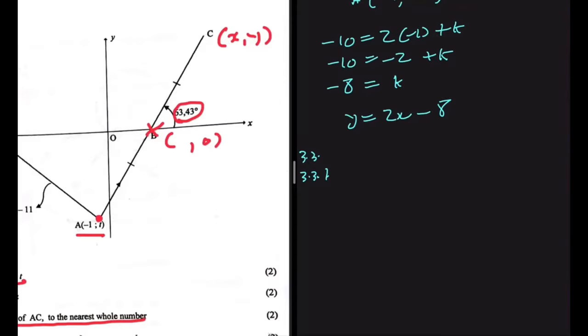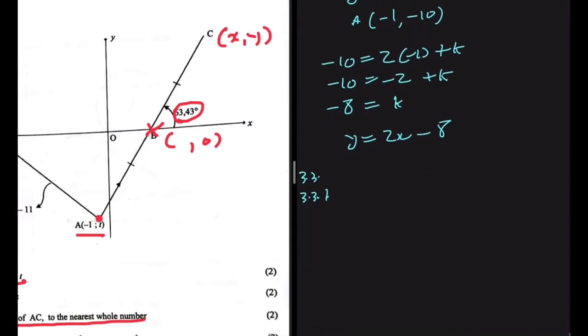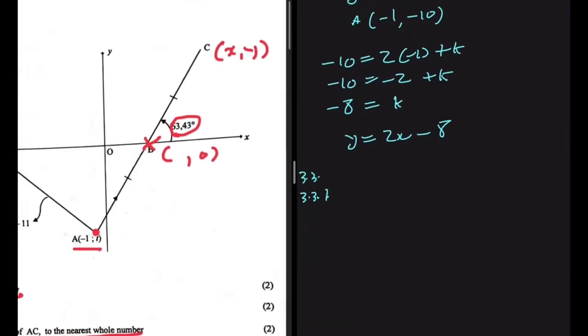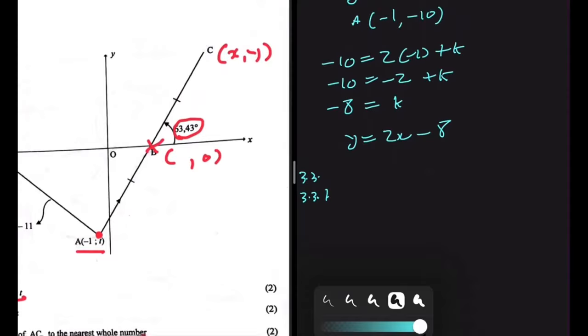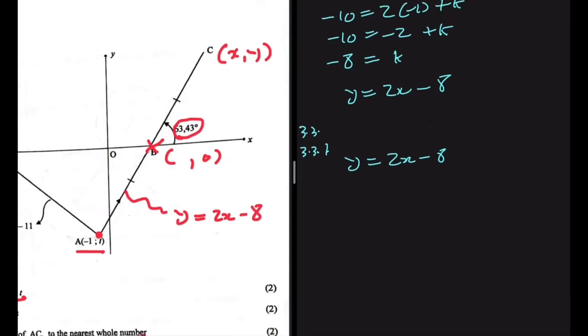So what we can do is to find the x value of B using the equation we calculated in 3.2, of the line AC. So we can say that y equals 2x minus 8. We know that we have an equation for that line. Yeah, I'm just trying to make that clear if anyone was a bit lost.